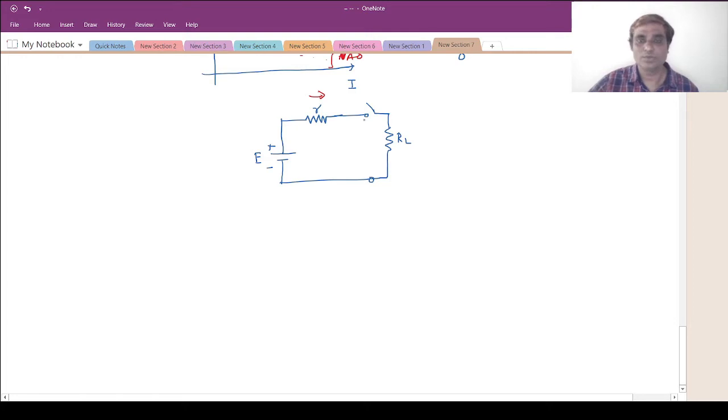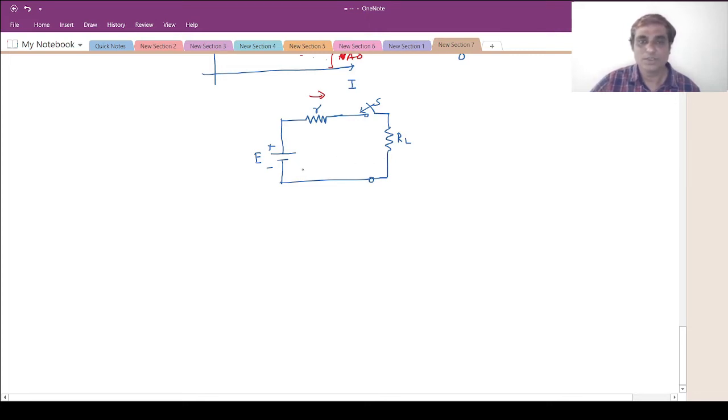As we know, if the switch is open, in this case RL will be infinite and the current will be 0. But now if I would like to make it a current source, I will make the switch S closed, so that current will now flow. Now the load is connected as we have seen.